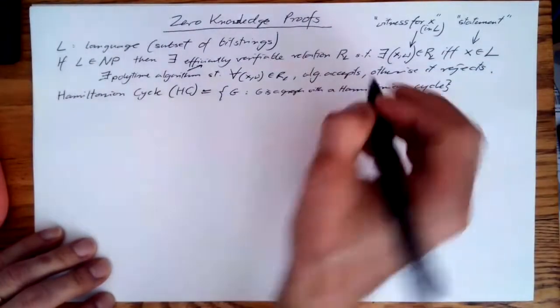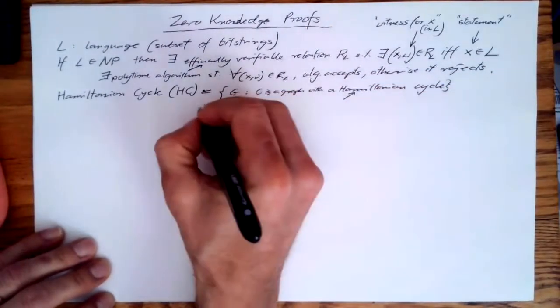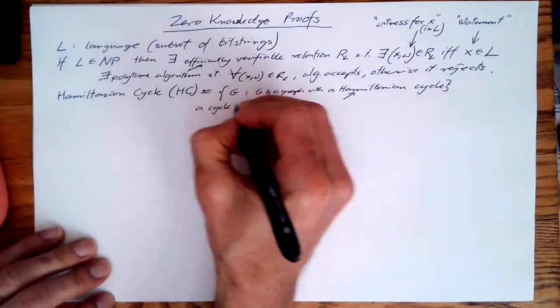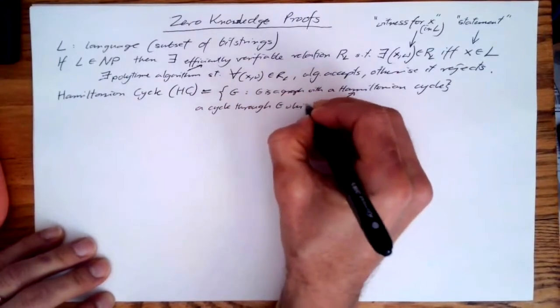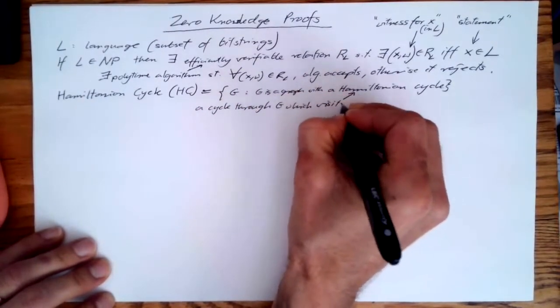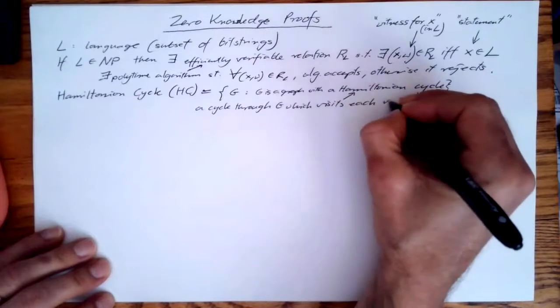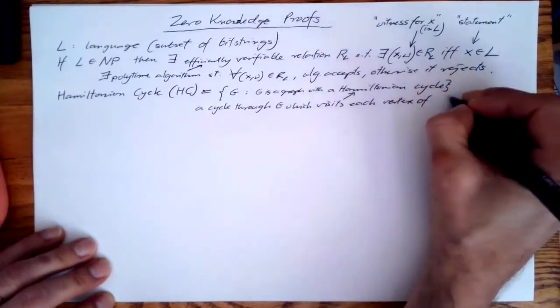And what is a Hamiltonian cycle? A cycle through G which visits each vertex of G exactly once.